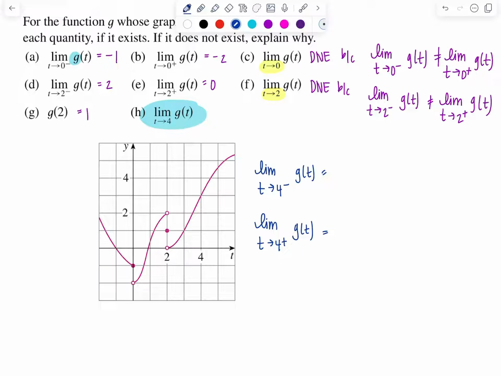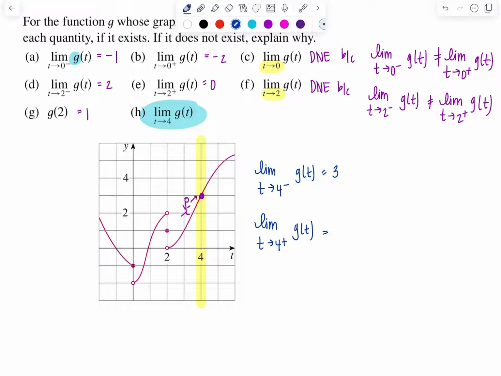Okay. So we're walking to 4 from the left. 4 is right here. So if we're walking on the left-hand side, we are over here. What y value are you approaching? The closer and closer you get to 4, that's 3.